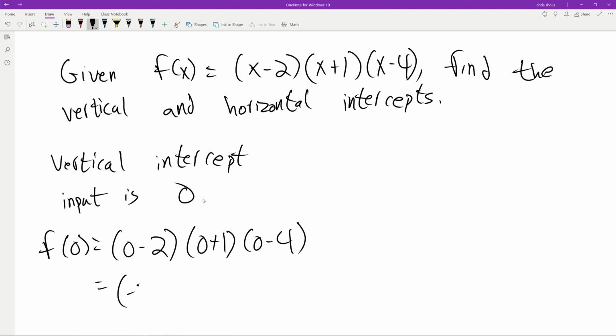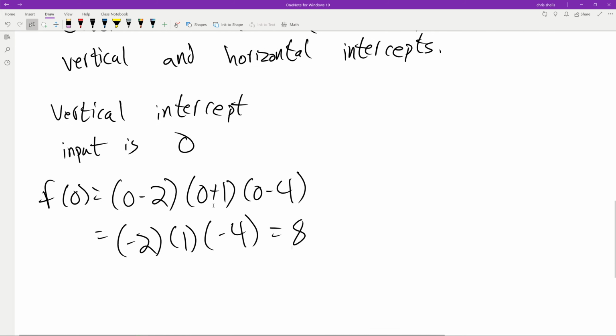This gives me negative 2 times 1 times negative 4, which is 8. So this graph crosses the vertical axis at the point 0, 8.